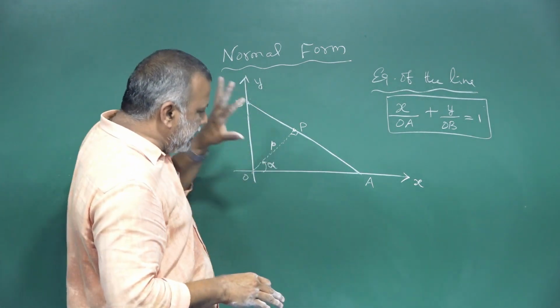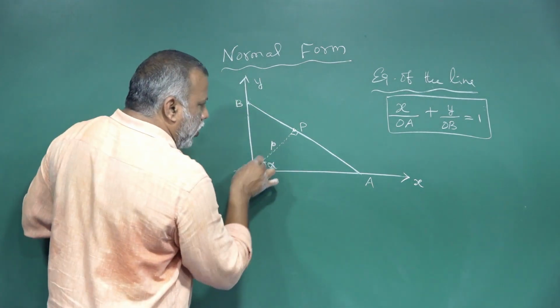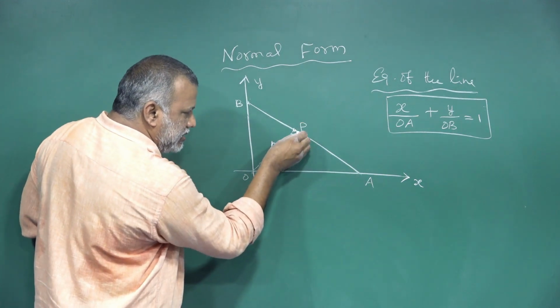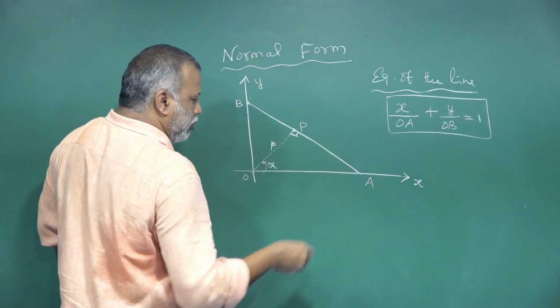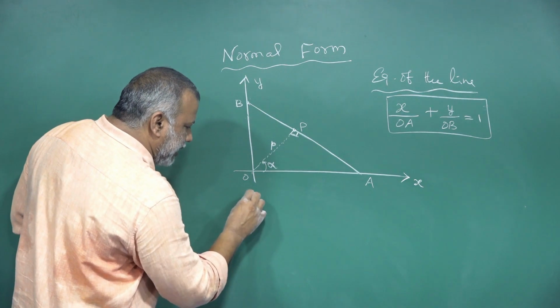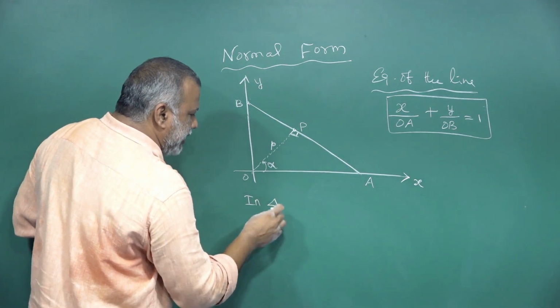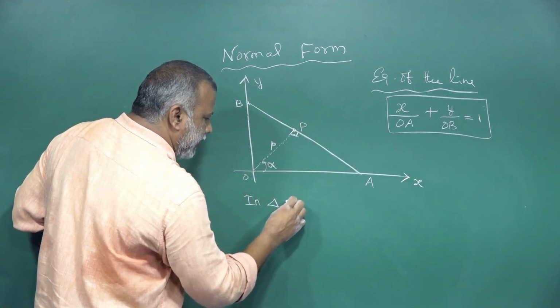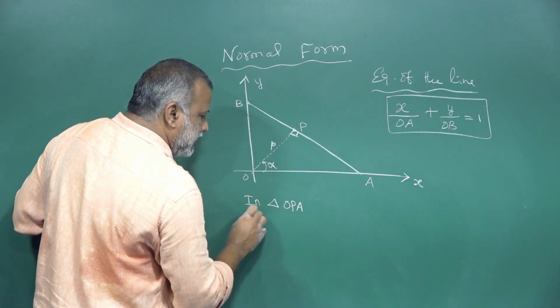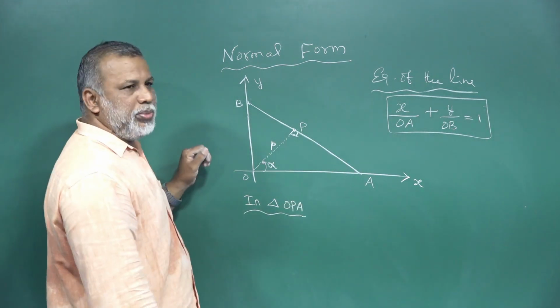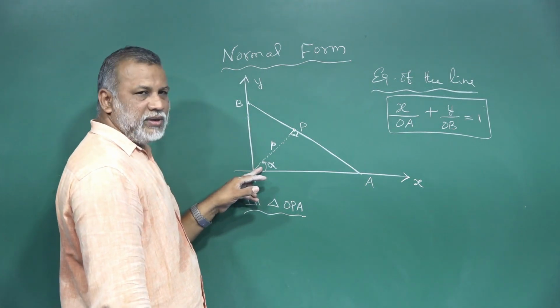Now listen students, in this diagram OPA, see here it is a right angle triangle. In this right angle triangle OPA, this is an angle alpha.